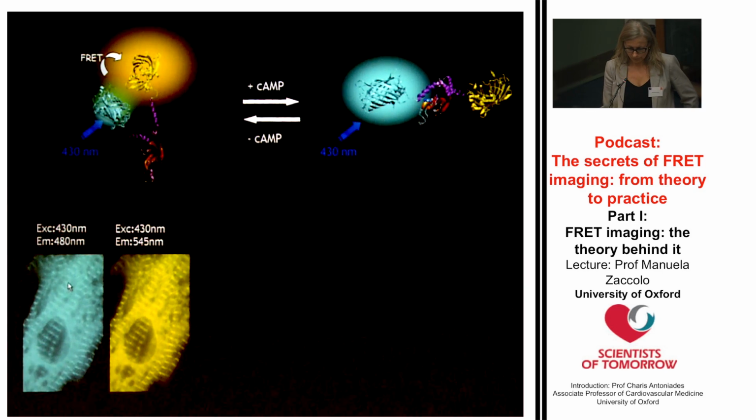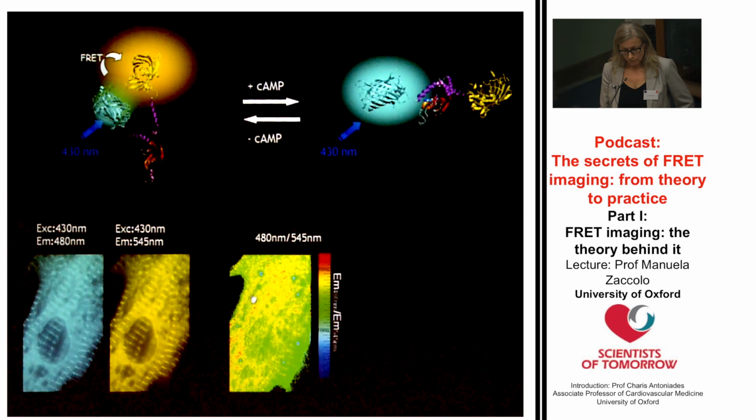This is an example of neonatal cardiac myocytes that express one of these cyclic AMP reporters. This is an image that we collect on excitation of the donor. We collect an image in the cyan channel, and simultaneously an image in the yellow channel.